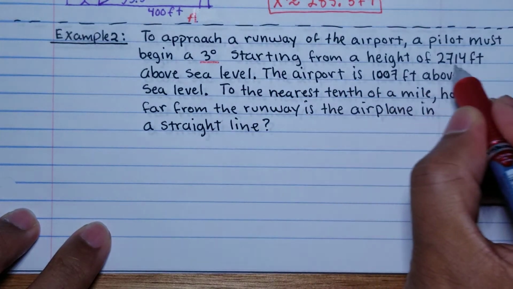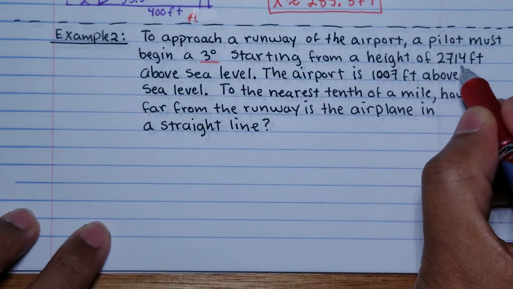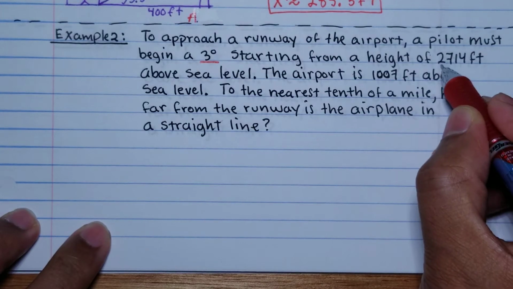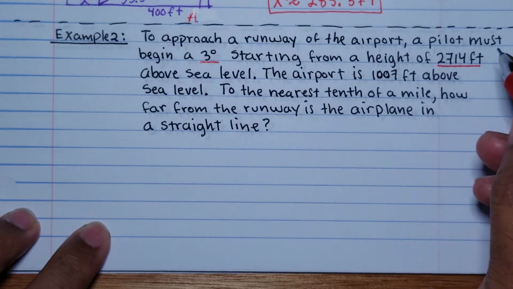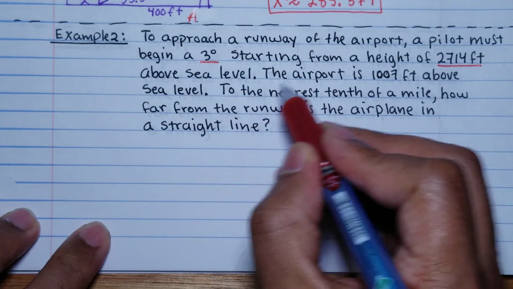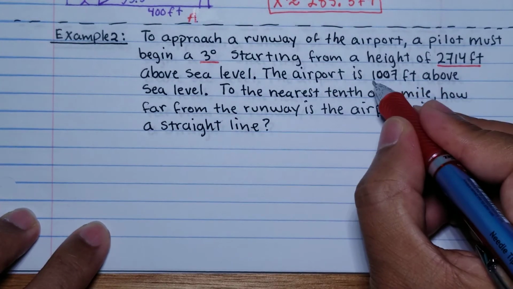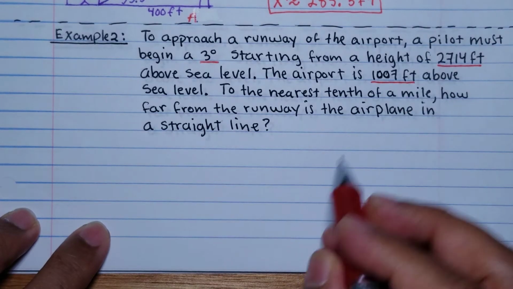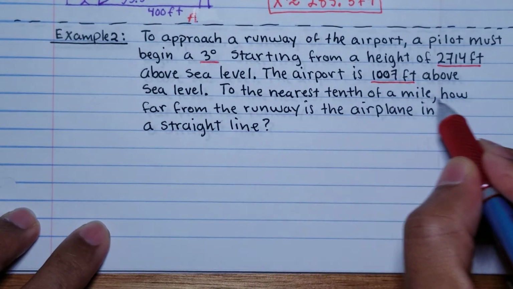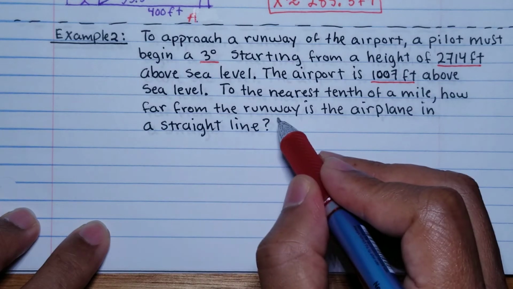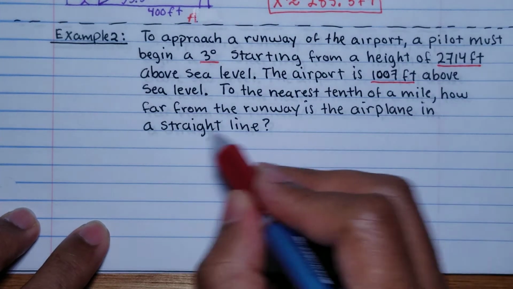Starting from a height of 2,714 feet. So that's going to be important. Above sea level. The airport is 1,007 feet above sea level, so we know this is going to be useful also. To the nearest tenth of a mile, how far from the runway is the airplane in a straight line?